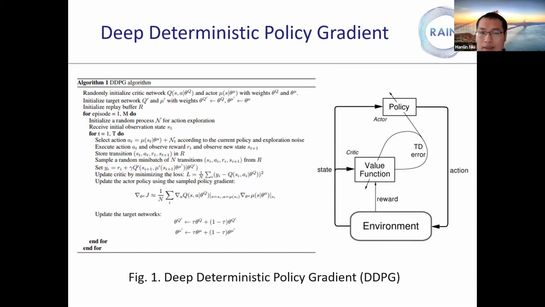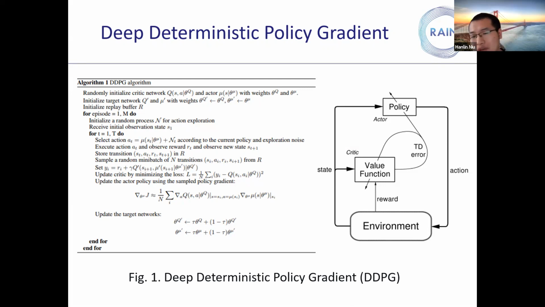DQN generates discrete control commands, like playing Go, where it can only go forward or left. But for controlling a mobile robot or manipulators, we want it to generate continuous commands. That's why we choose DDPG as the basic algorithm.